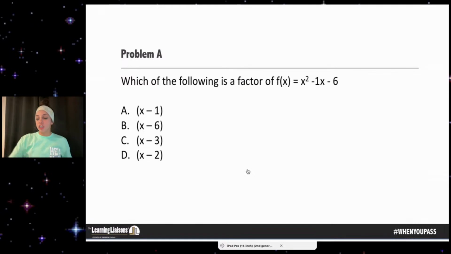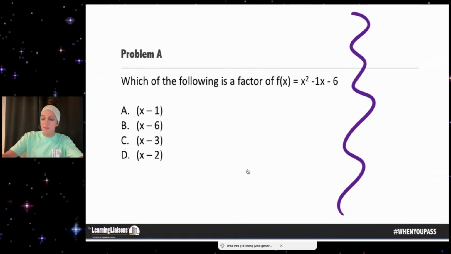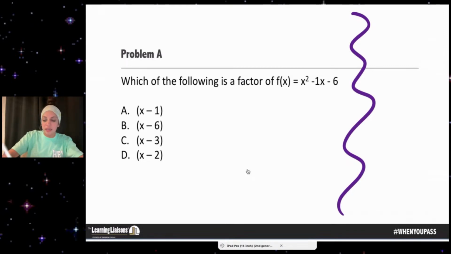So here's what I want to do. I want us to chat about key vocabulary when we're talking about parabolas, quadratics, and factoring, because we have vocabulary that all kind of means the same thing. And it can be very confusing to differentiate what a problem is asking when we use the same word to describe similar things.